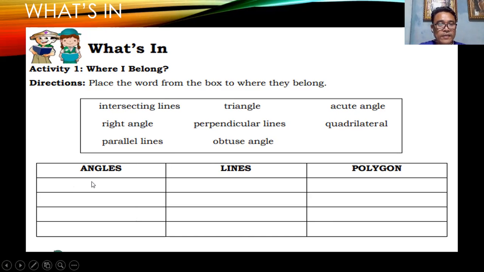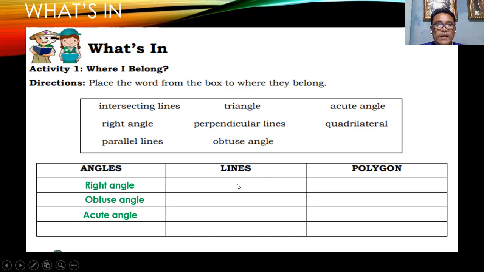Okay, let's check. Under angles are right angle, obtuse angle, and acute angle.